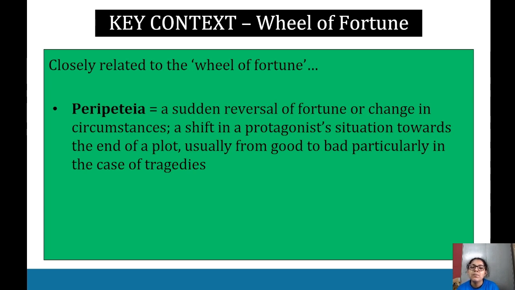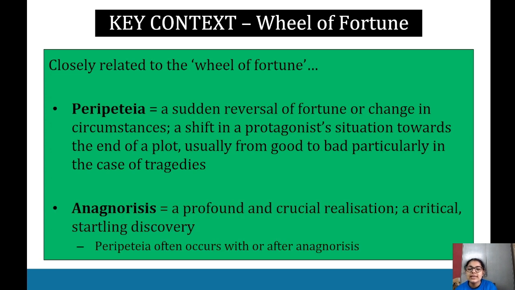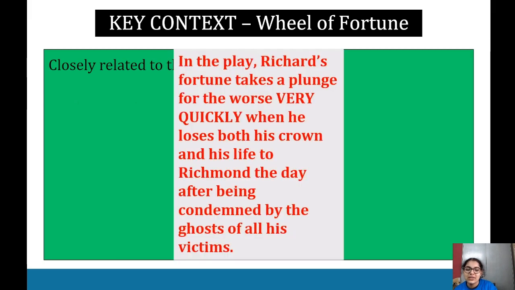Now, closely related to the Wheel of Fortune, peripeteia is a sudden reversal of fortune or change in circumstances, a shift in the protagonist's situation towards the end of the plot, usually from good to bad, particularly when tragedies are concerned. Anagnorisis is a profound and crucial realization, a critical, startling discovery, and peripeteia often occurs with or after anagnorisis.